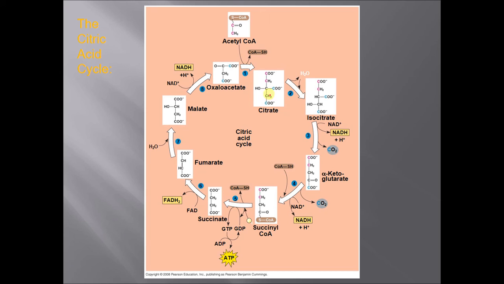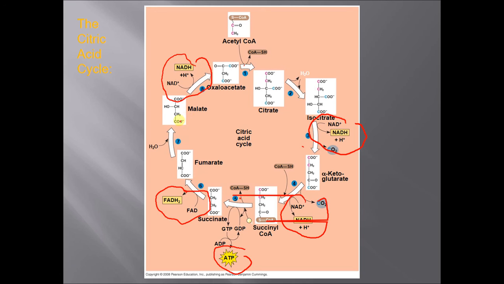It harvests this energy by 8 steps in the citric acid cycle. You don't have to remember these, but you need to remember that we get out this NADH and this ATP through substrate level phosphorylation, these NADHs and this FADH2 through oxidation. So we continually oxidize to remove those electrons to use for later.